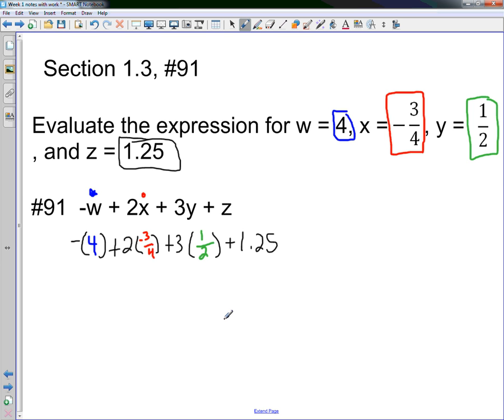Okay, so now we want to go ahead and start simplifying with the order of operations. So I end up with negative 4 here. The 2 and the 4 reduce to give me negative 3/2, because 1 times negative 3 and the 2 on the bottom, plus 3 times 1/2, that's 3/2, plus 1.25.